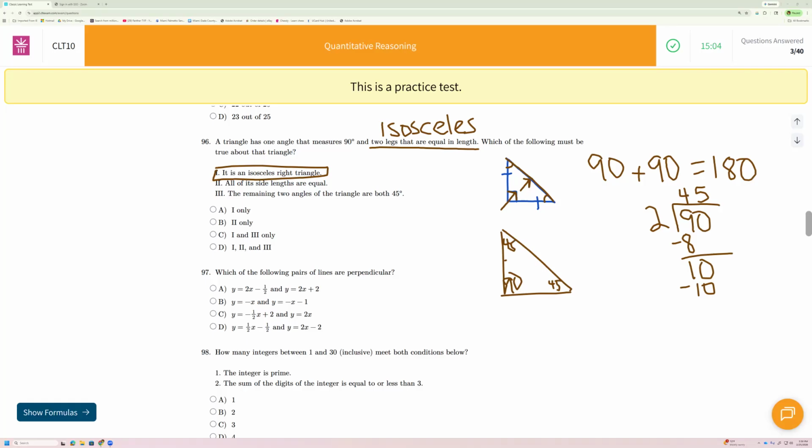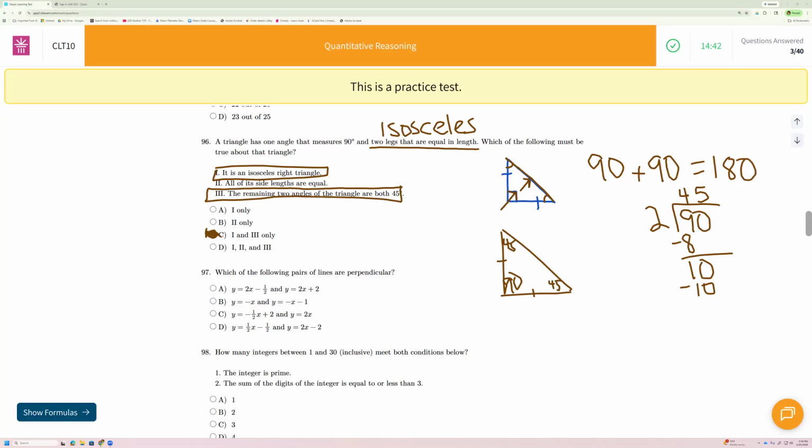As these two legs are equal, the opposite angles must be equal. So that's 1 and that is 3. Besides the right angle, the two remaining angles are each 45. So 1 and 3 only is the correct answer.